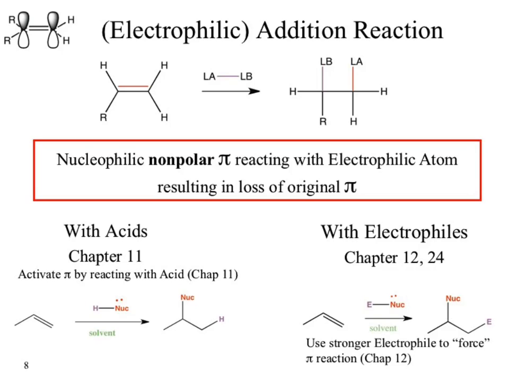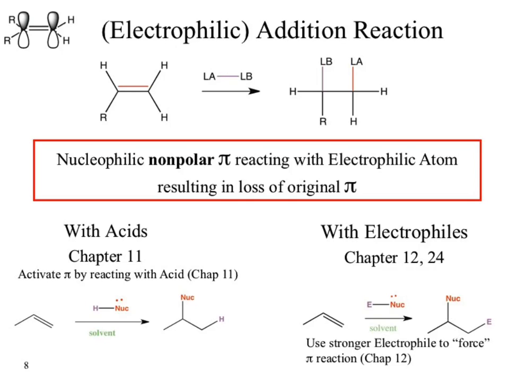So, electrophilic addition reactions. Our textbook refers to these as electrophilic addition. Some of them are more obviously electrophilic than others. Really what we're focused on is the reactivity of the pi bond. How does the pi bond react? Well, the pi bond is a source of electrons. So as a source, it can share with something. If it shares those electrons with a hydrogen, what did the pi bond act as?